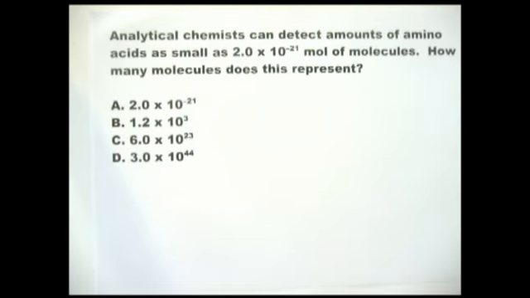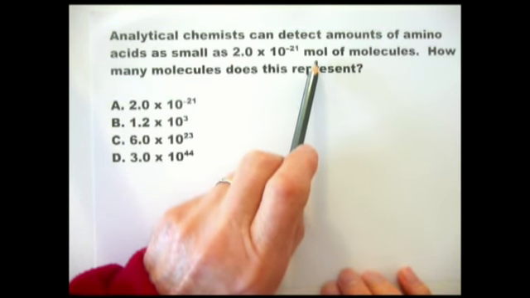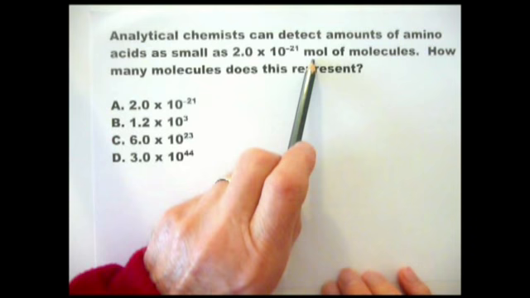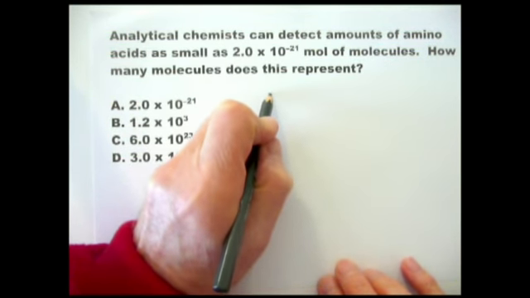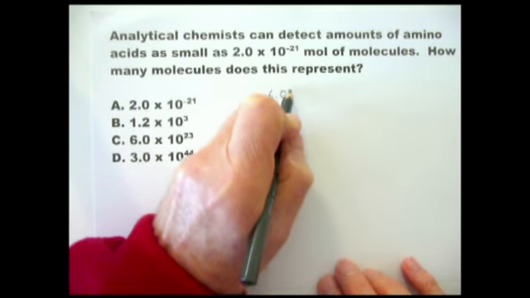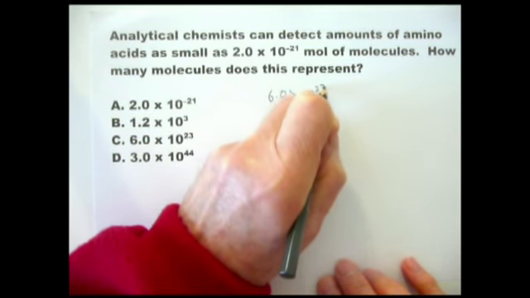This is an interesting question because you are asked to find how many molecules are in a mole of molecules, but it's not a mole, it's a very small fraction of a mole. So the number is still based around 10 to the 23.